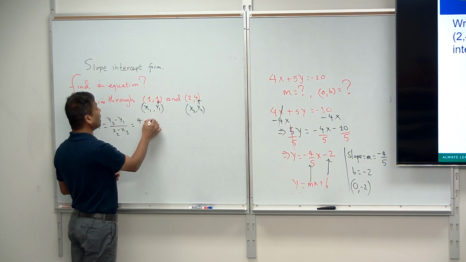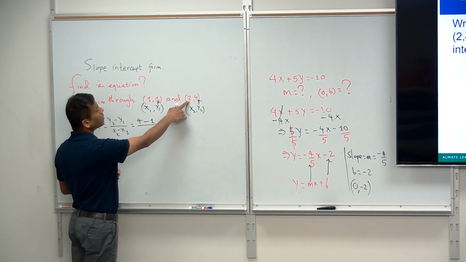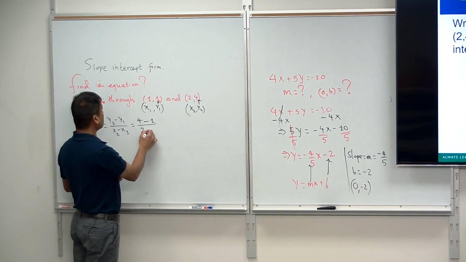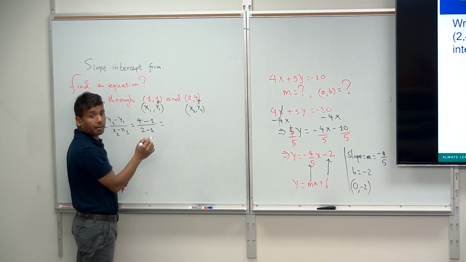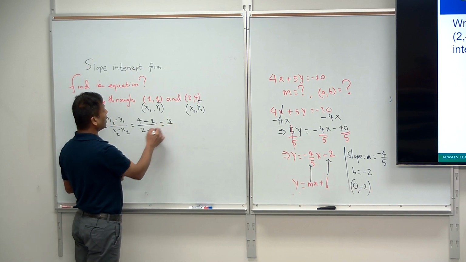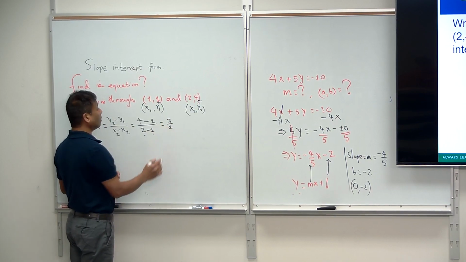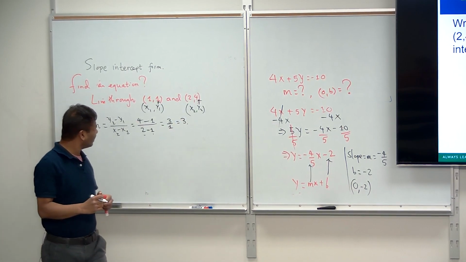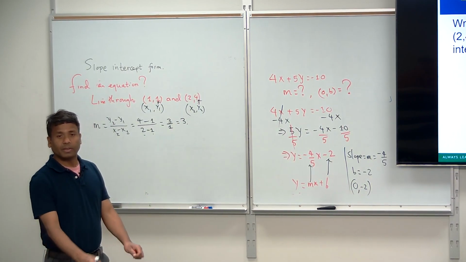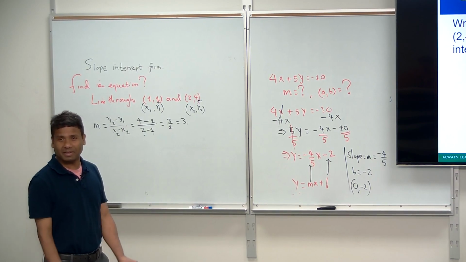Your x2 is 2, minus x1, which is 1. So 4 minus 1 is 3, over 2 minus 1, which is 1. So this is 3. Does that make sense? The slope is 3.